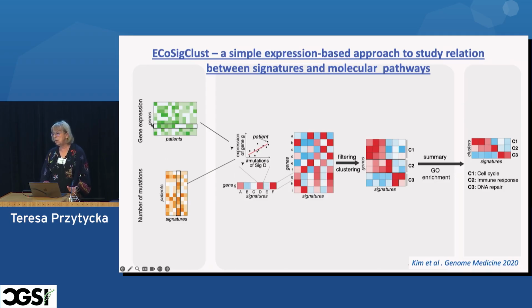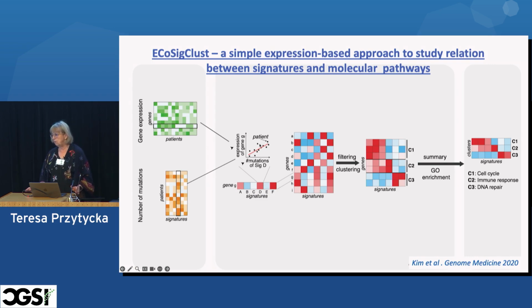where we utilize cancer data sets which have both expression and mutational signatures, and therefore for every patient we can identify the profile of gene expression, and for the same patient we can also identify the profile of exposure to mutational signatures, and we can ask whether those two profiles are correlated or not.